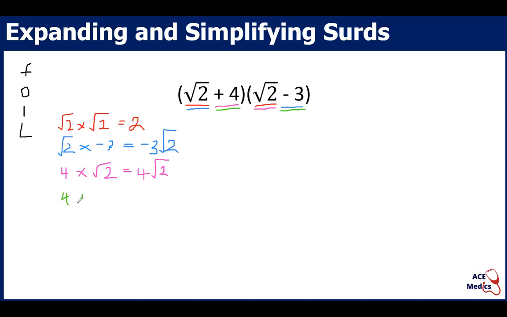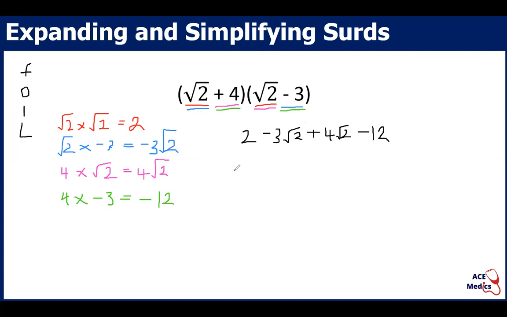So 4 times minus 3, which equals minus 12. Then we just need to put it all together like how we do when we normally expand brackets. So we're going to have 2 minus 3 root 2 plus 4 root 2 minus 12.